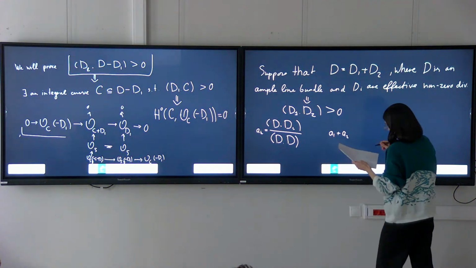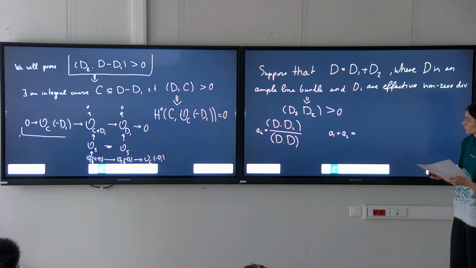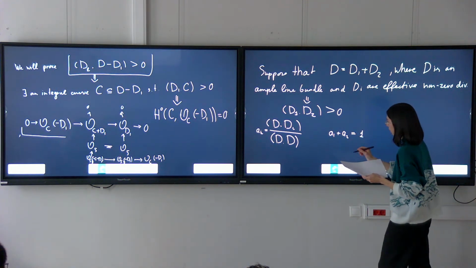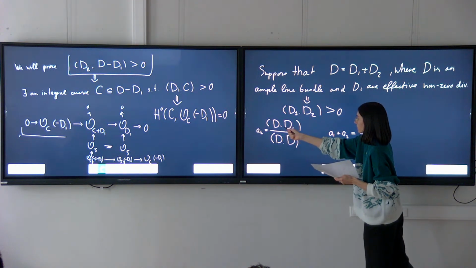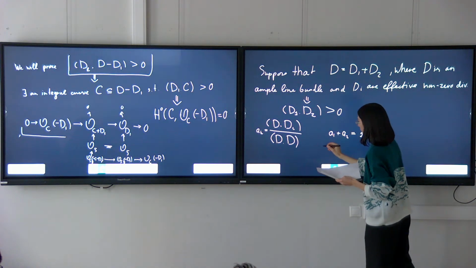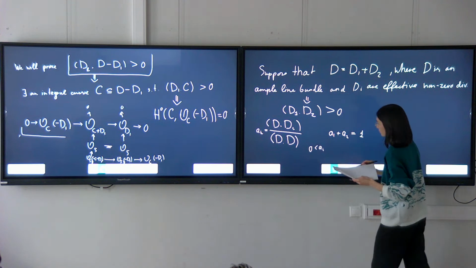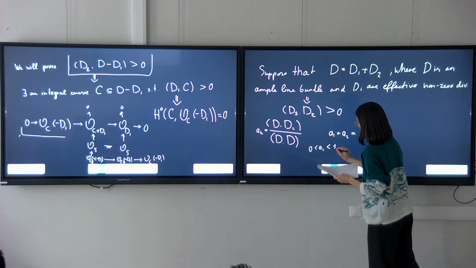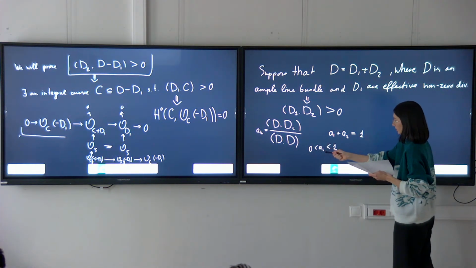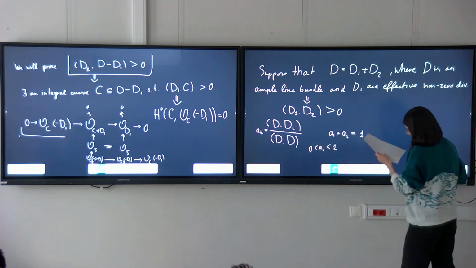We have that A1 plus A2 is equal to what? 1. And we know that D is an ample line bundle, so we know that A_i are strictly positive. So we know that these are some numbers between 0 and 1.